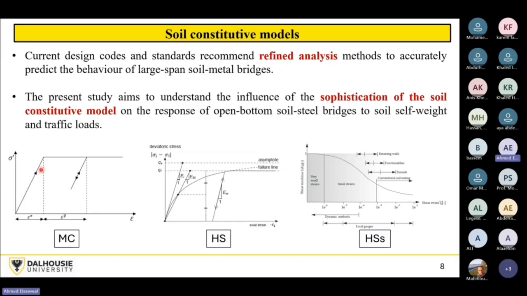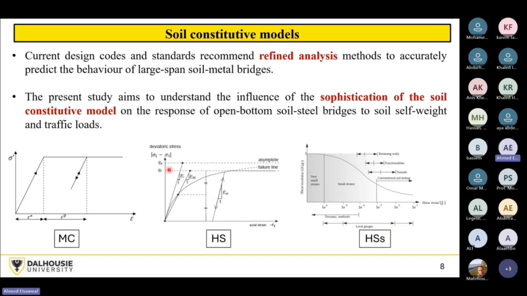So if the soil is still elastic and you are applying compaction effort in the finite element model, once you remove the compaction load, the elastic strain will be completely reversed and you will lose the strains you have in the soil. That's a big problem because we want to simulate the compaction process in the finite element model.